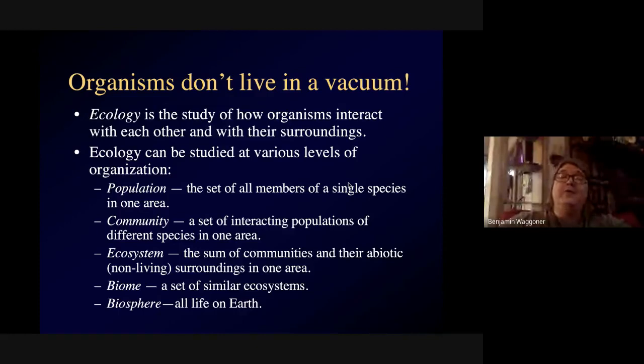The word we use for non-living is abiotic, and you'll see that word again. Abiotic means anything that's important in an ecosystem that is not itself alive. So the amount of light, or the temperature, or if we're talking about the oceans, the salinity, the amount of salt in the water, or the wind speed, anything like that would be abiotic. It's not actually living, but it's important for the ecosystem.